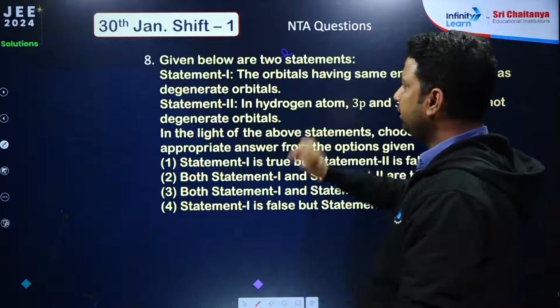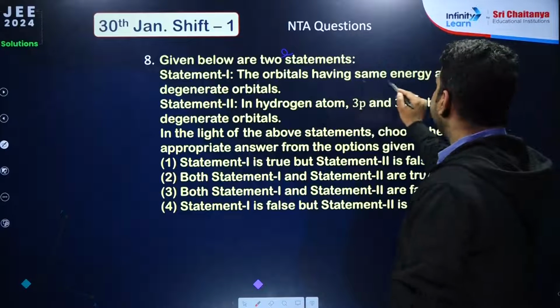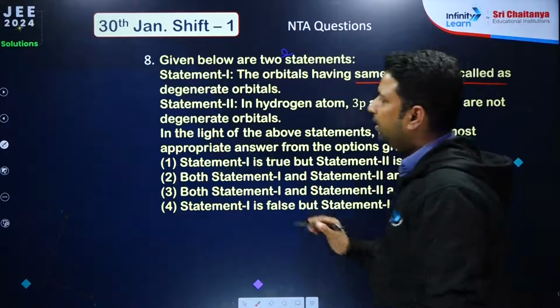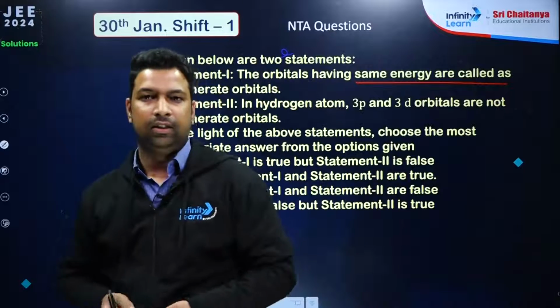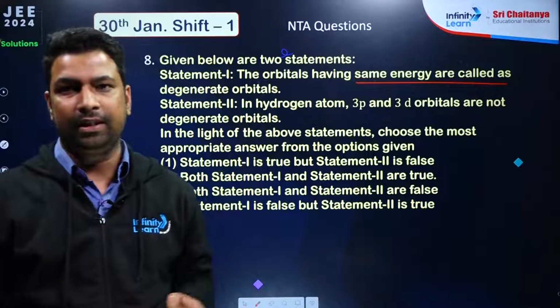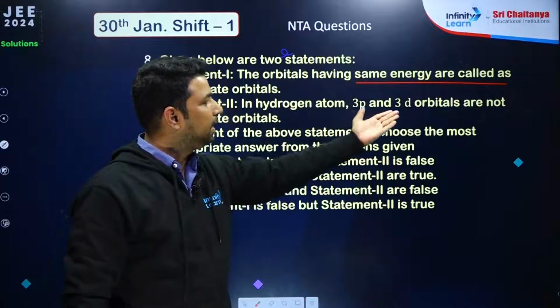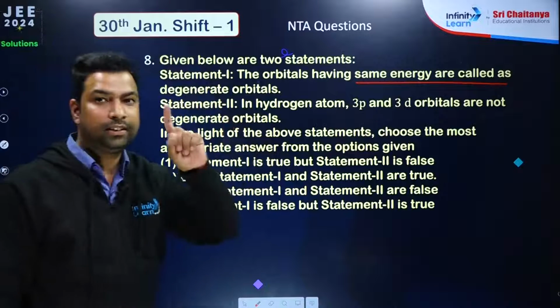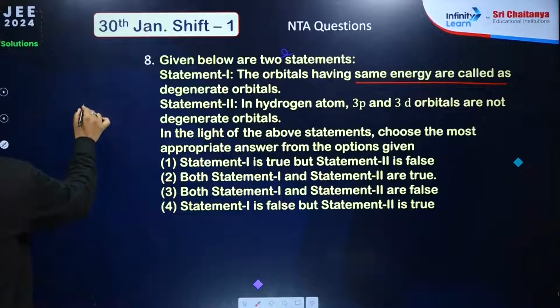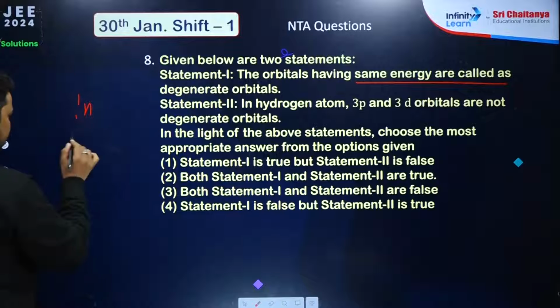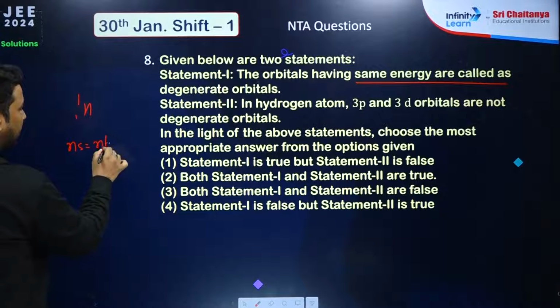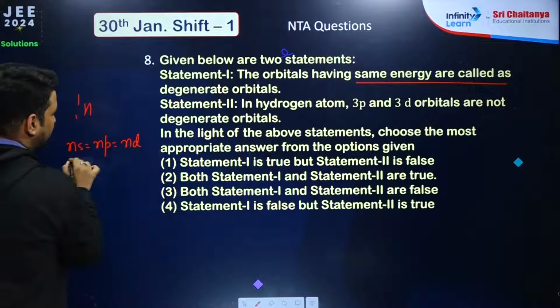Come to question number 8. Given below are two statements. The orbitals having the same energy are called degenerate. Absolutely correct. Those orbitals which have the same energy are called degenerate. In hydrogen atom, 3p and 3d are not degenerate orbitals. This is incorrect because hydrogen is a one-electron species, therefore after the first one, Ns has the same energy as Np, which has the same energy as Nd.